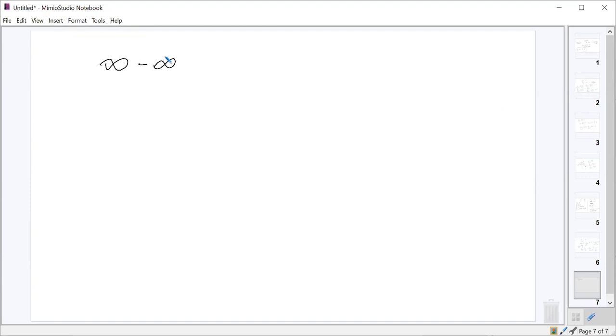There we had something like the limit as x approaches infinity of natural log of x minus natural log of x minus 1. This is infinity minus infinity.